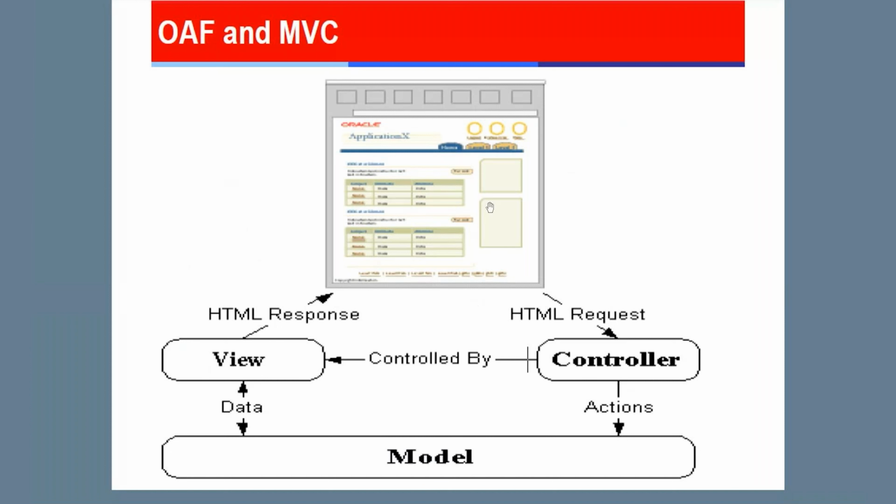This request is read in the controller. In the controller, we write the code and tell what has to be done, and we go to the model layer. Under this, view objects, entity objects, application module, all these components will be there. We'll be making use of these components and derive something from that, and the data is sent back as a response to the browser.